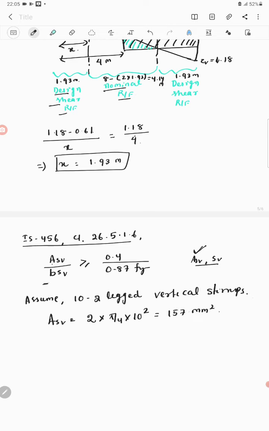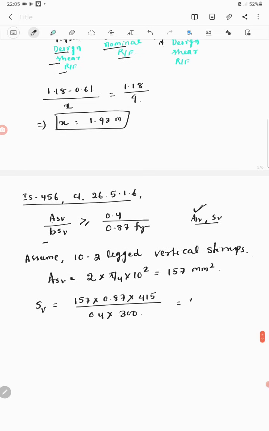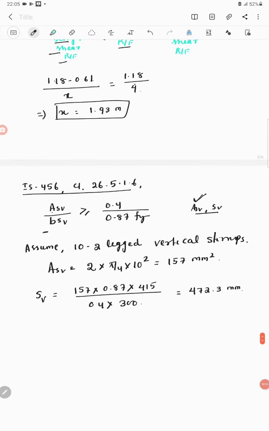So from this expression you can find the spacing SV, that is equal to ASV into 0.87 fy divided by 0.4 into b, that is 300. So this is coming 472.3 mm.